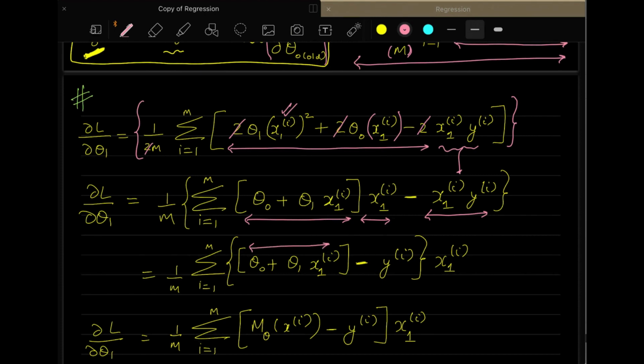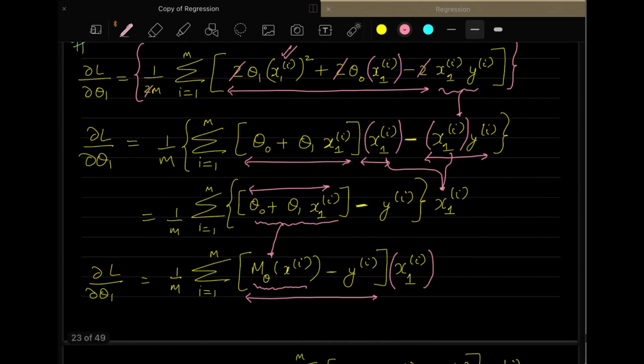This you already know is m theta xi. Also this term and this term are common. So you take these two out, the x1 i's, and what you are left with is inside this expression, and then you have outside this expression.